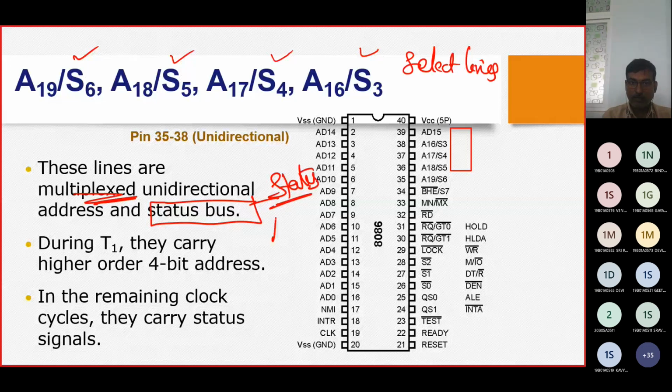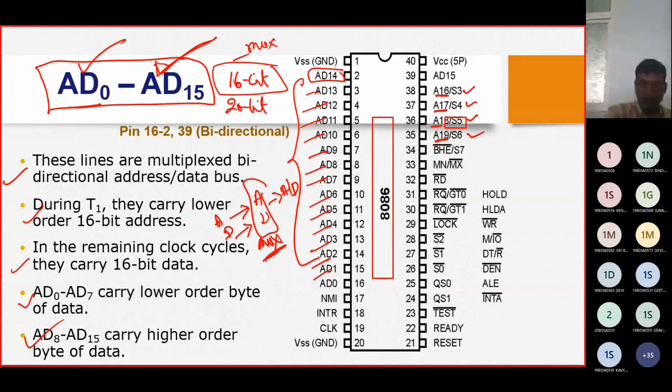So what was the status? It says active or not active, whether the chip is going to work or not. So who is going to decide? The select lines are going to decide and they are going to give the status. I just showed you the select lines here.